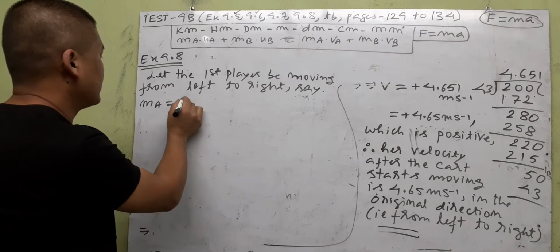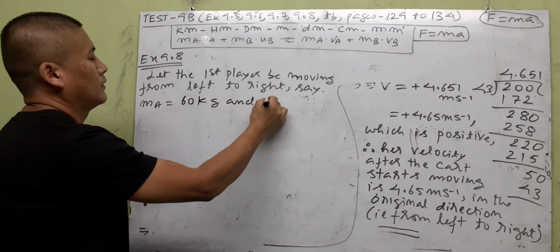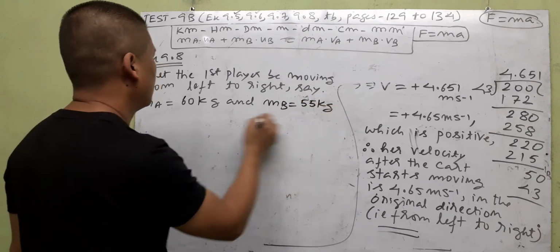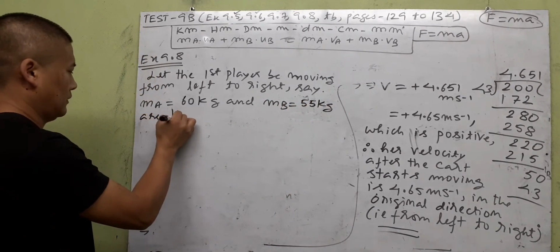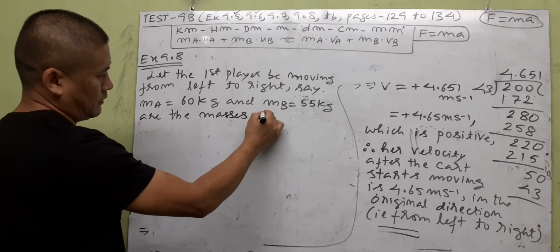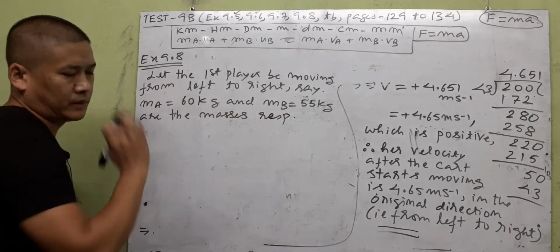Right, yes, 60 kg. And MB, the mass of the second player, 55 kg, are the masses respectively, means first player mass, second player mass.